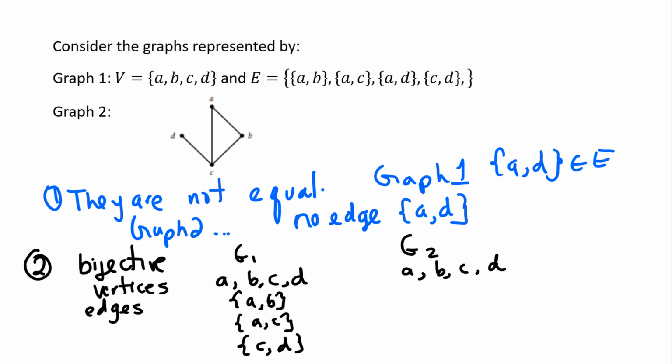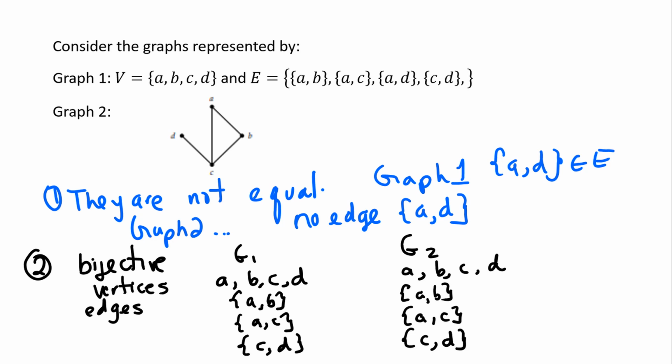From graph 2, I see that I do have an AB. And what else do I have that I want? I have an AC, and I even have a CD.